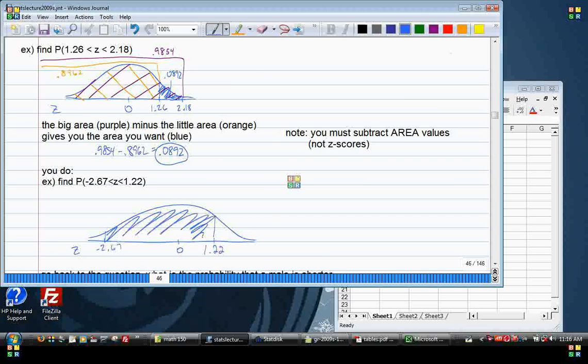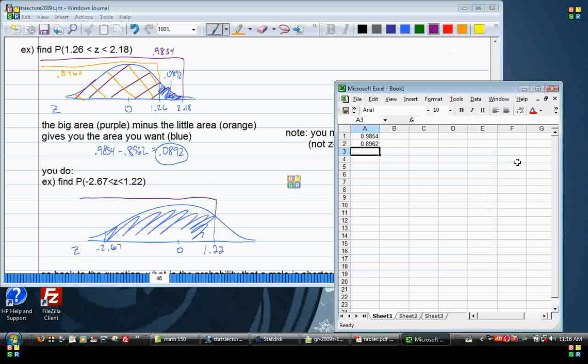Yes, for what? Okay, right. So first we'll find the area to the left of 1.22, and that's NORM.S.DIST of 1.22. So that one's 0.8888.